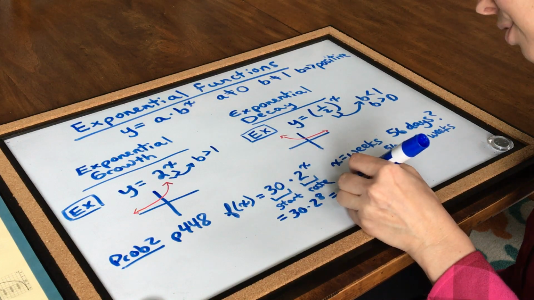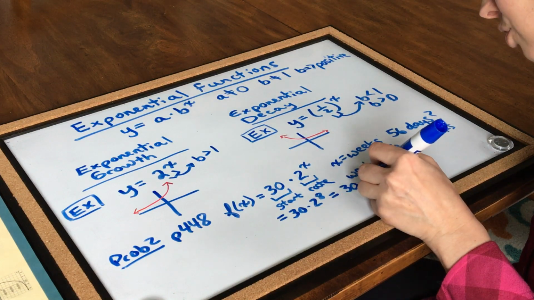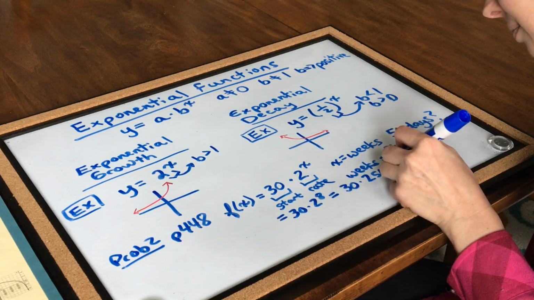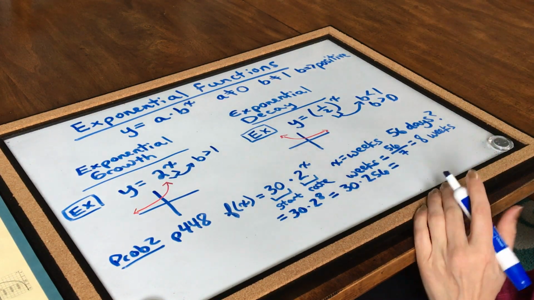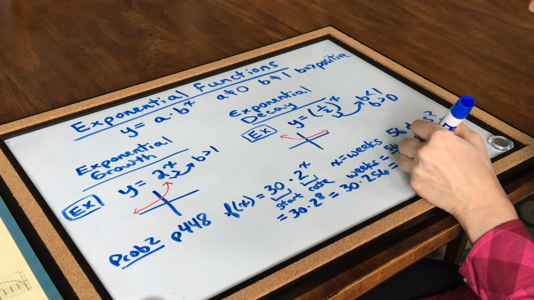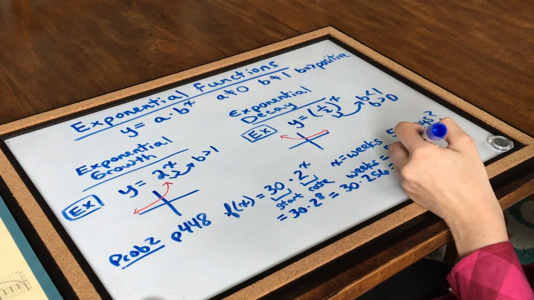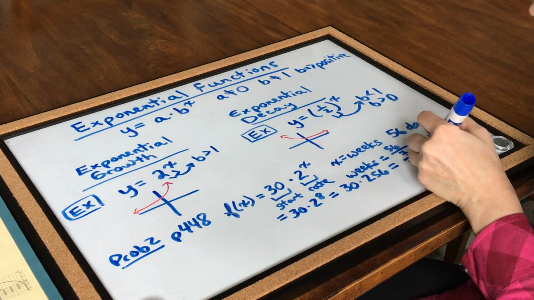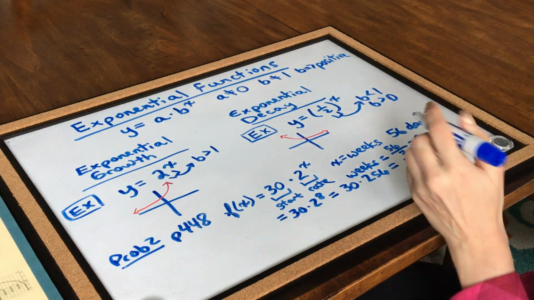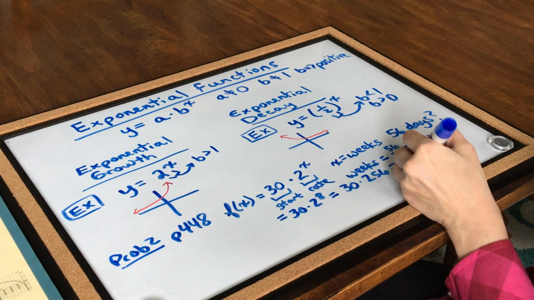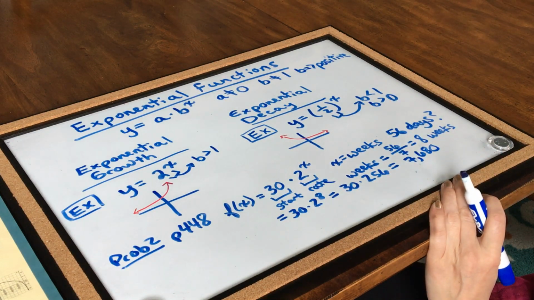So now I have 30 times 256, and that gives us a big number. That is 7,680 beetles. That's a lot of beetles. I certainly wouldn't be responsible for clearing out that warehouse after 8 weeks.